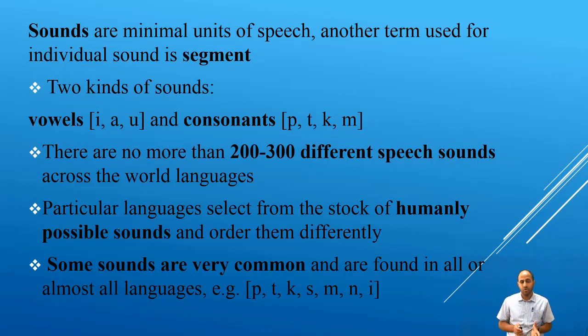The more complicated way of producing consonants is because they are produced by different types of initiations.